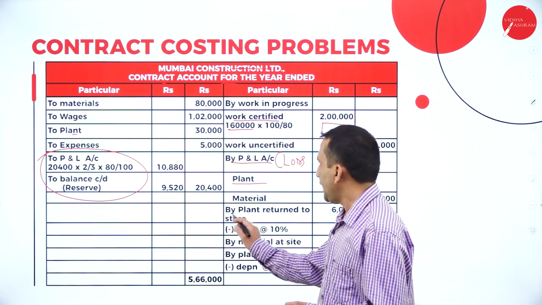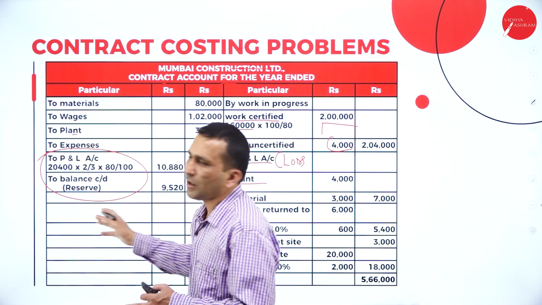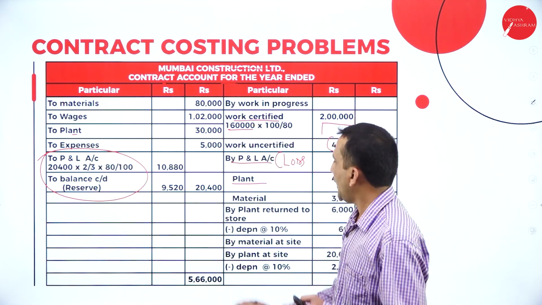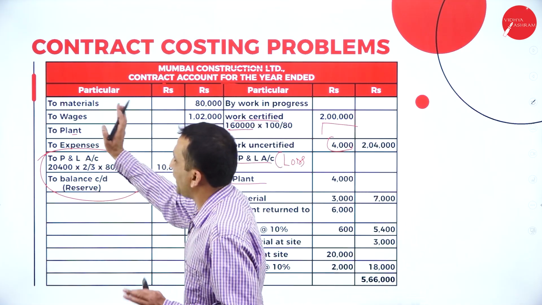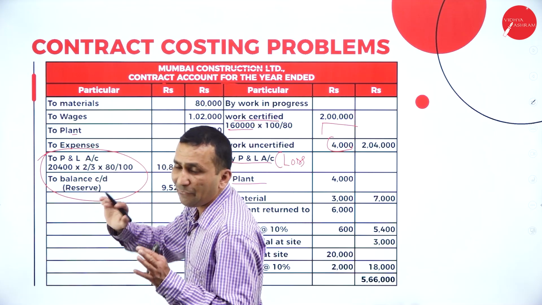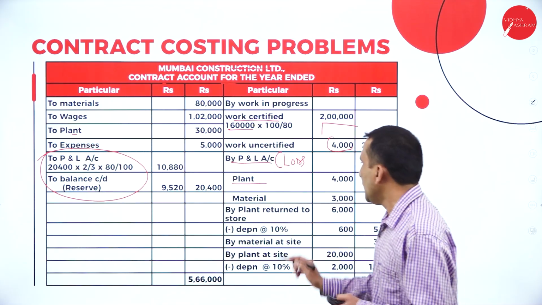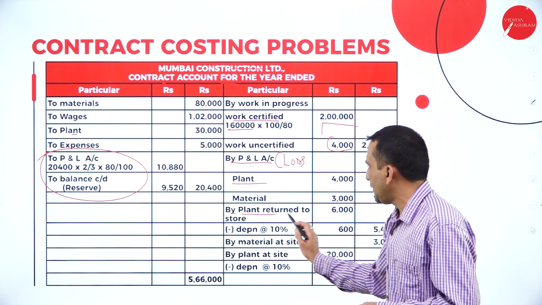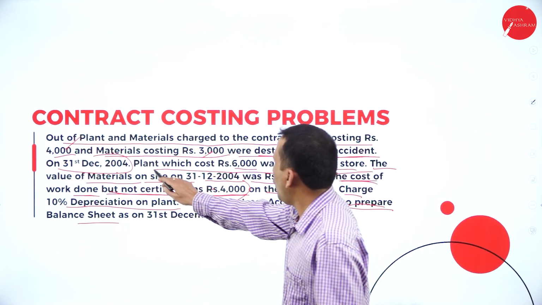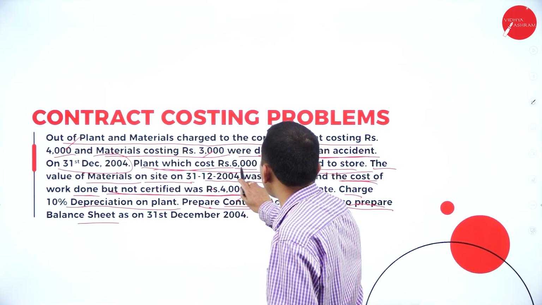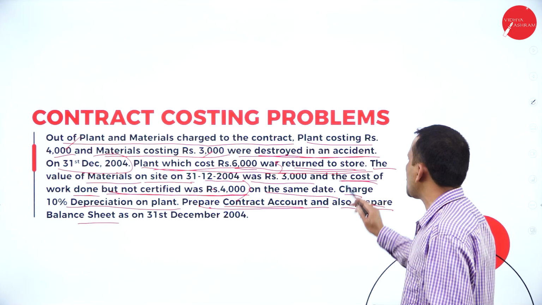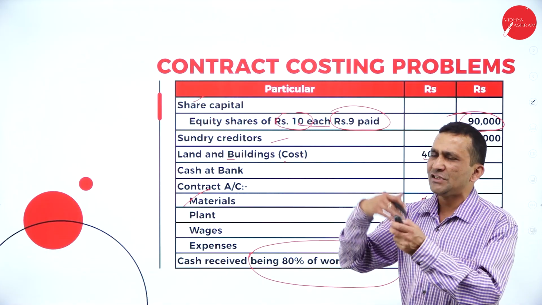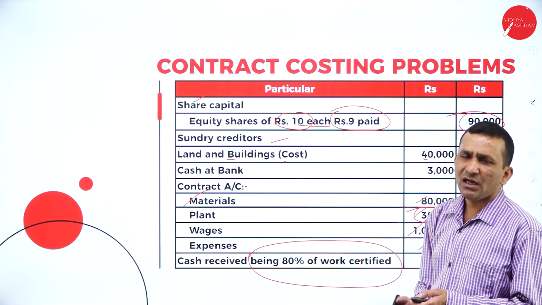Now, next, after completion of work, this contract is completed. The material, whatever is left, and the plant, after deducting the depreciation, are returned to the store. Year 4, plant which was 4,000 was returned to store. Returning to the store is not actually a loss.